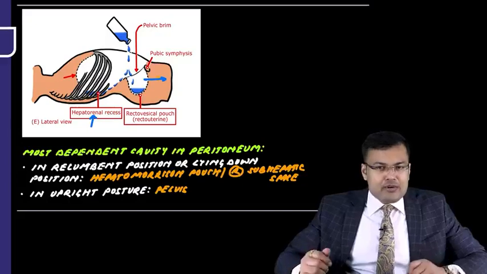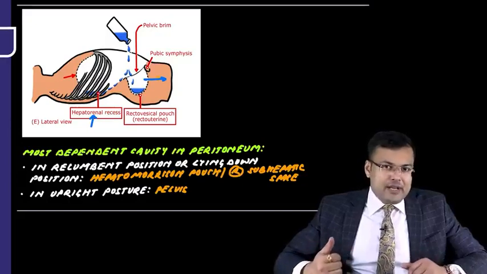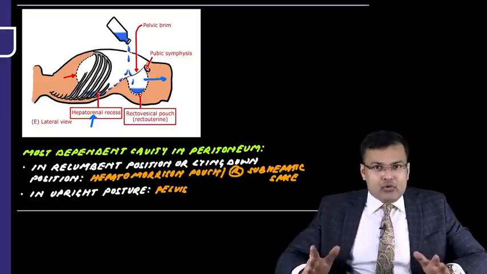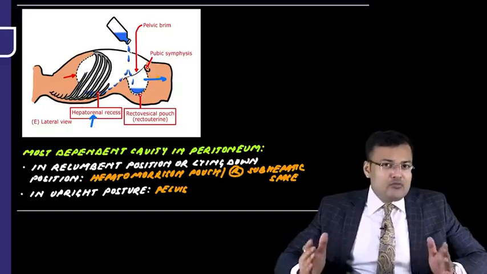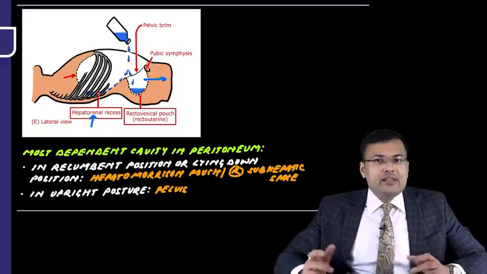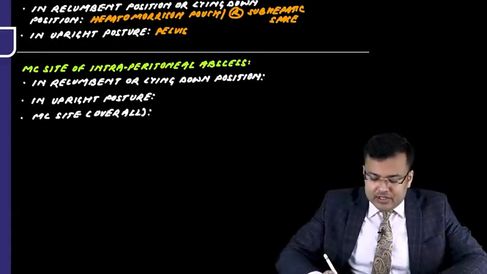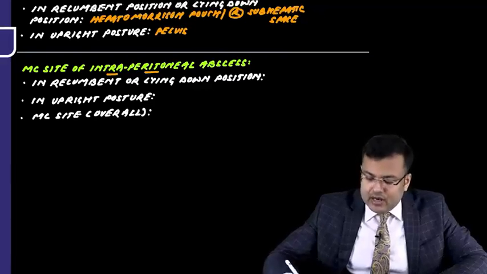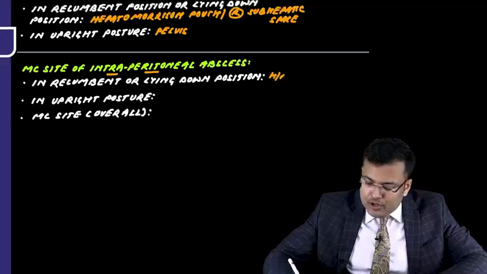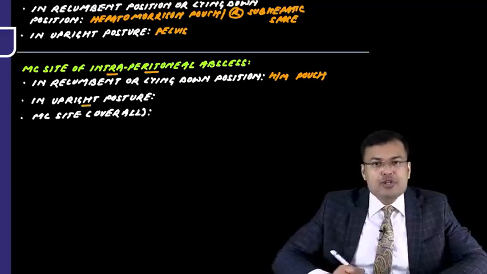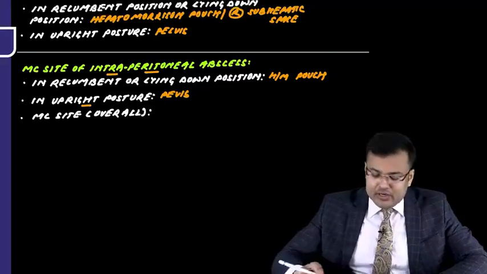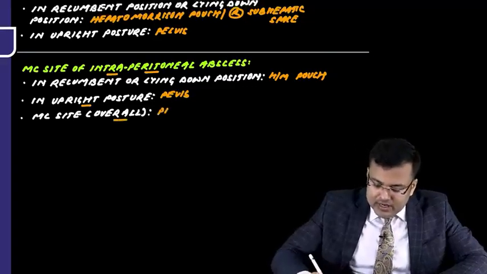Same, the hepato-Morrison pouch, also known as the right subhepatic space. When the patient is ambulatory, in upright posture, it is the pelvis. And overall, the most common site of intraperitoneal abscess is the pelvis. These questions are asked frequently.